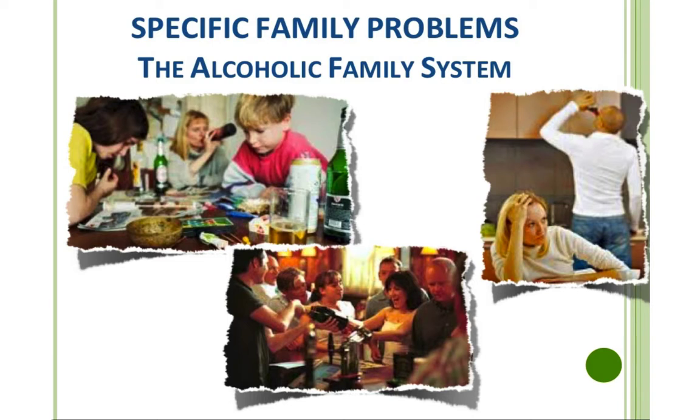So in your double ABCX model, it was a car accident while under the influence, where you can hardly deny it. When the alcoholic member stops drinking, however, there may be a crisis of sobriety. The family still has its old patterns and has to learn new ones.